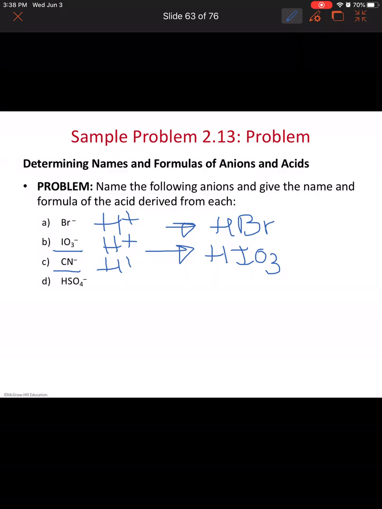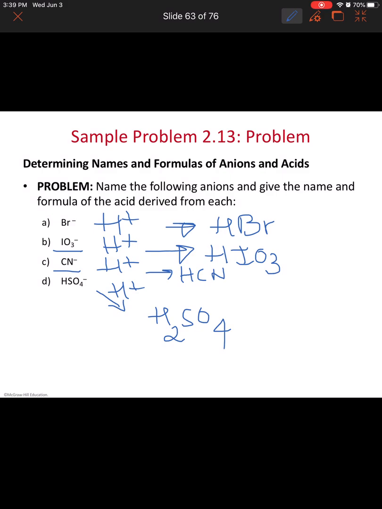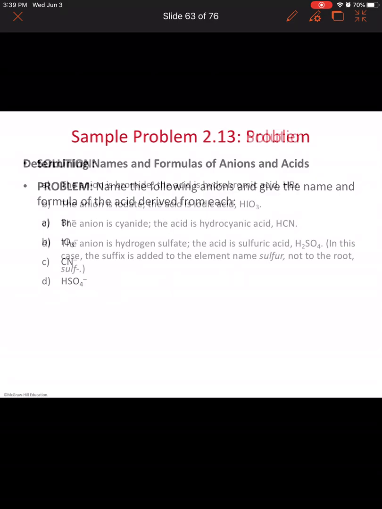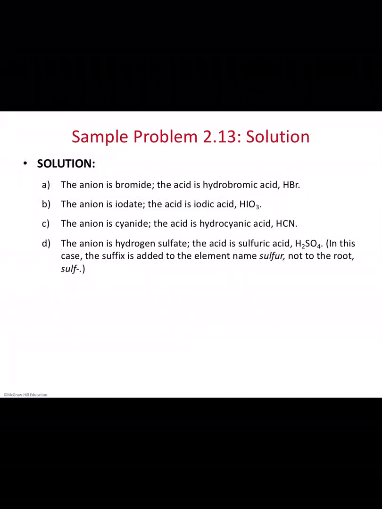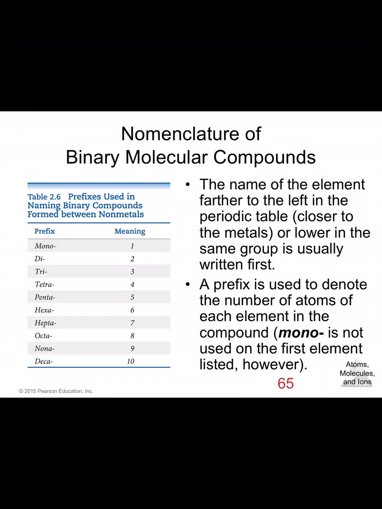Cyanide with H plus forms HCN, which we call hydrocyanic acid. And HSO4 minus, hydrogen sulfate, you add H plus and that becomes H2SO4, sulfuric acid. So: hydrobromic acid, iodic acid, hydrocyanic acid, and sulfuric acid.